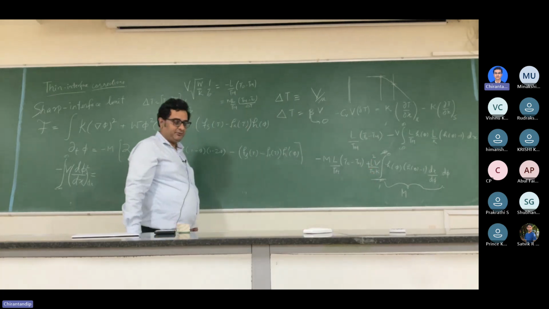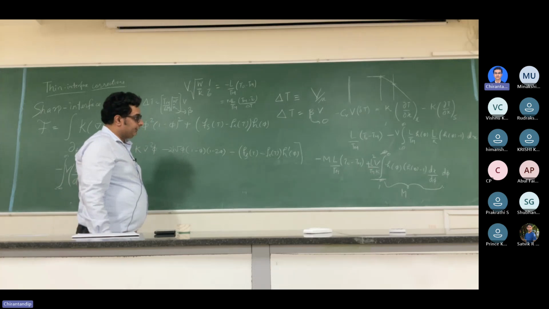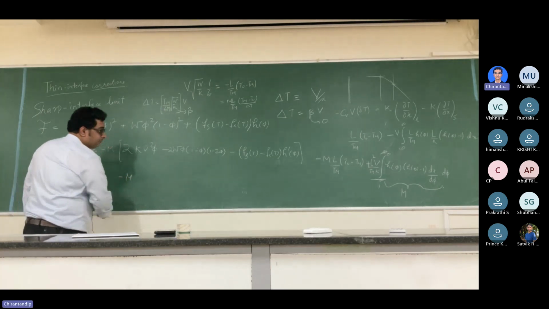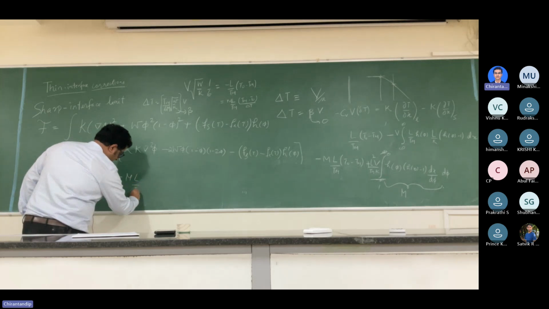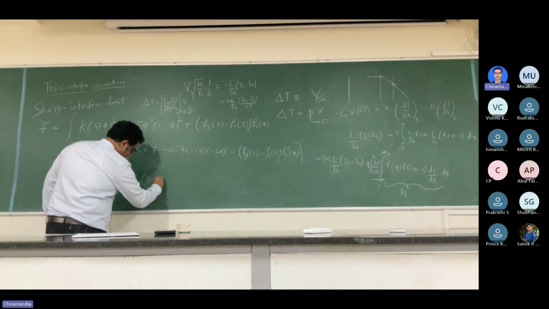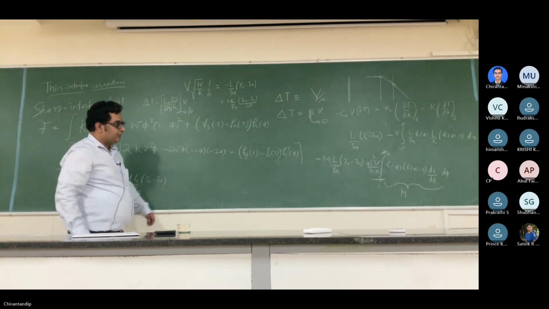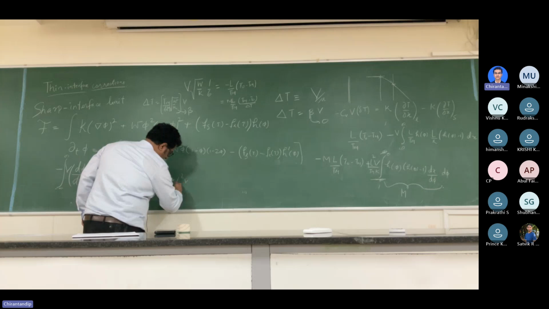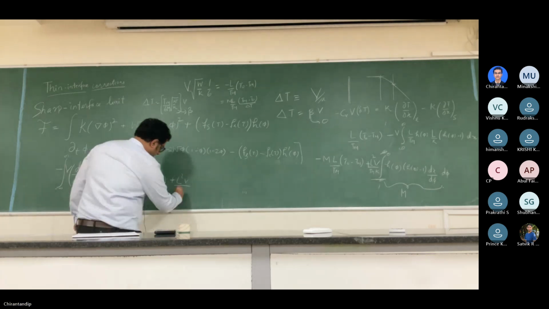This is what must happen, right? So you have minus m L by Tm, T naught minus Tm, plus L square V. Okay.